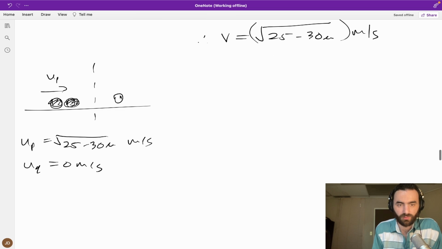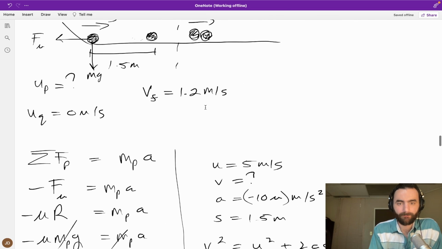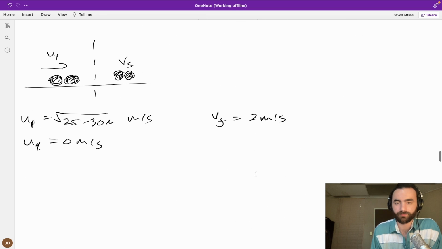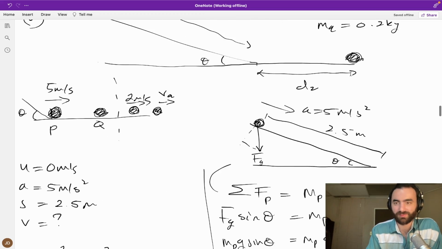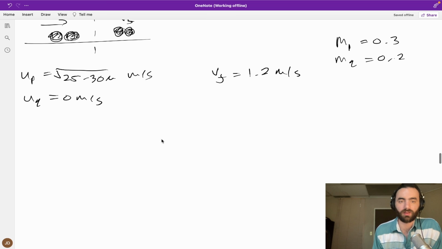And after the collision, they move together with a speed of VF, where VF was 1.2 meters per second, I'm sure. And the mass of P was 0.3 and the mass of Q is 0.2. Just double check that. 0.3. Okay, so now we can set up the momentum equation and find mu.